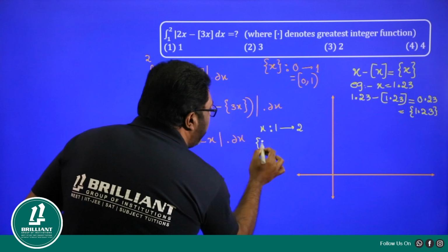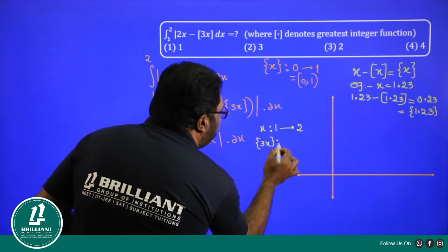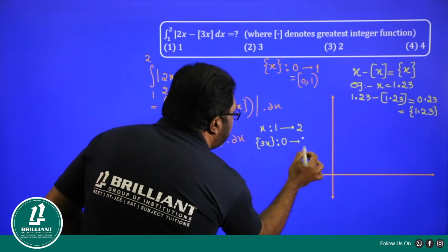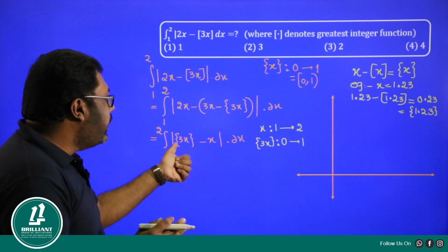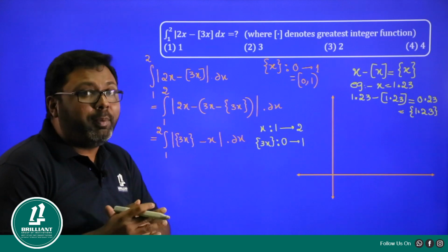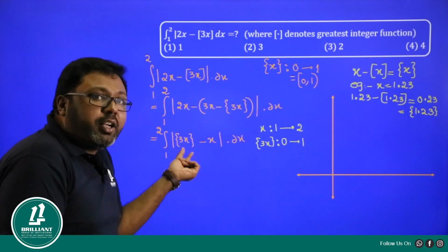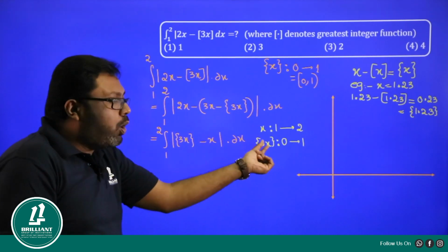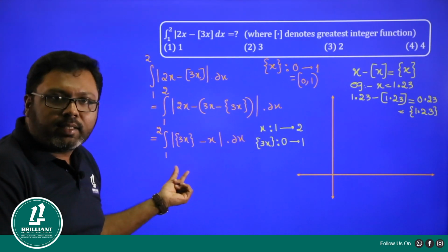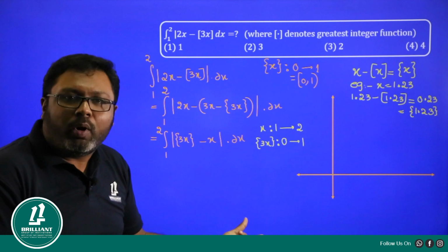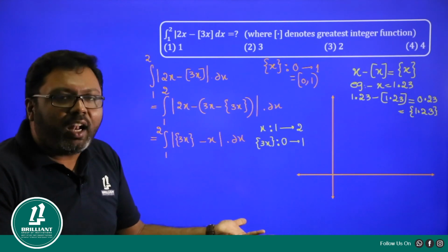But the fractional part is a function which always ranges from 0 to 1. So the x minus the fractional part of 3x will be positive, but fractional part of 3x, which is always smaller than x, is always going to be negative. Yes, but because of the presence of modulus, getting a negative is irrelevant, right?